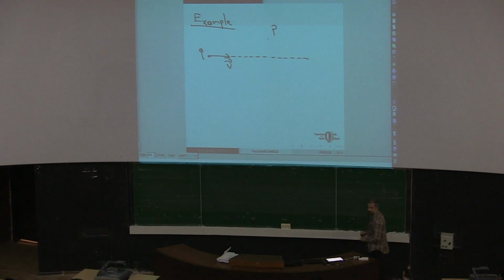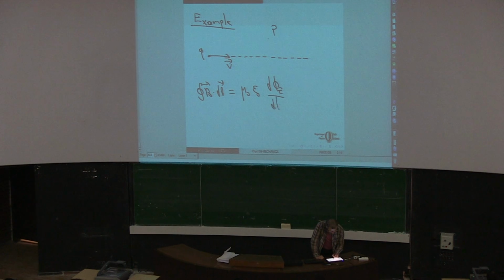Now if there's a time-changing electric field, we know that it will create a magnetic field, and we can calculate that magnetic field using this relation: mu 0, epsilon 0, d phi e by dt.